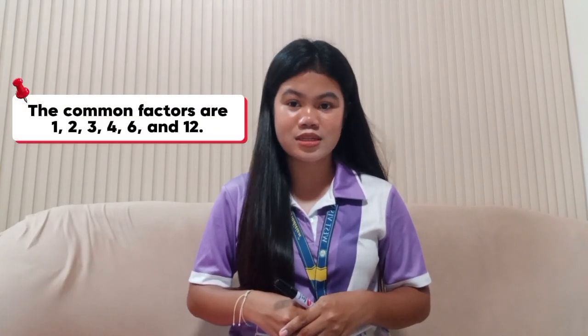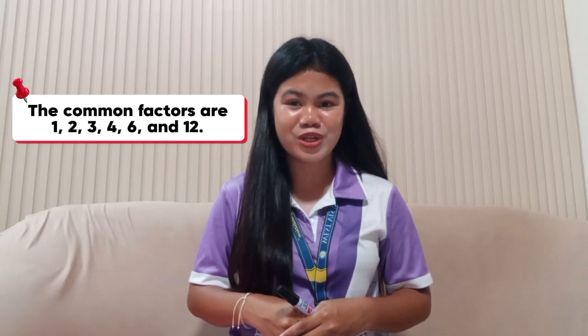So the common factors of 24 and 36 are 1, 2, 3, 4, 6, and 12. So what is the largest? It's 12, right? So our GCD is 12. So this method is simple, right? Best for small numbers.